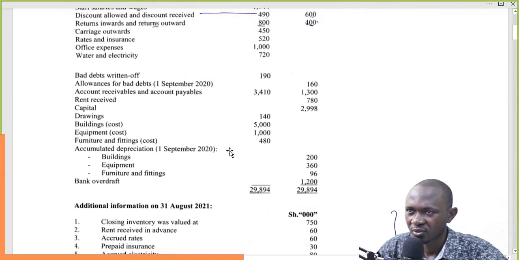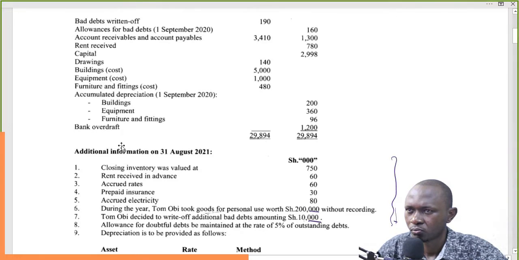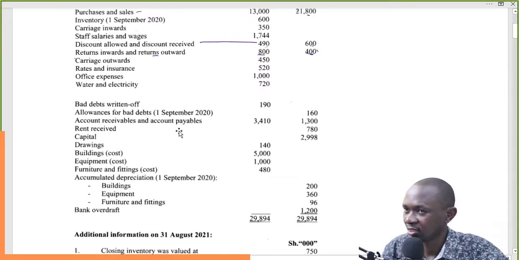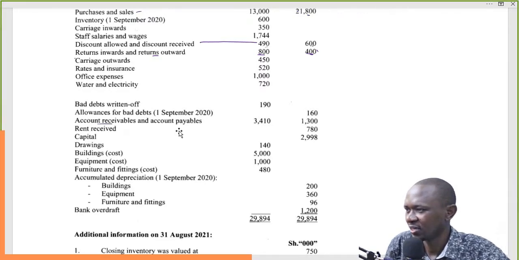What is the rate of outstanding debts? Outstanding debts, this is same as accounts receivable. These are the debtors. So outstanding debts is 3410.